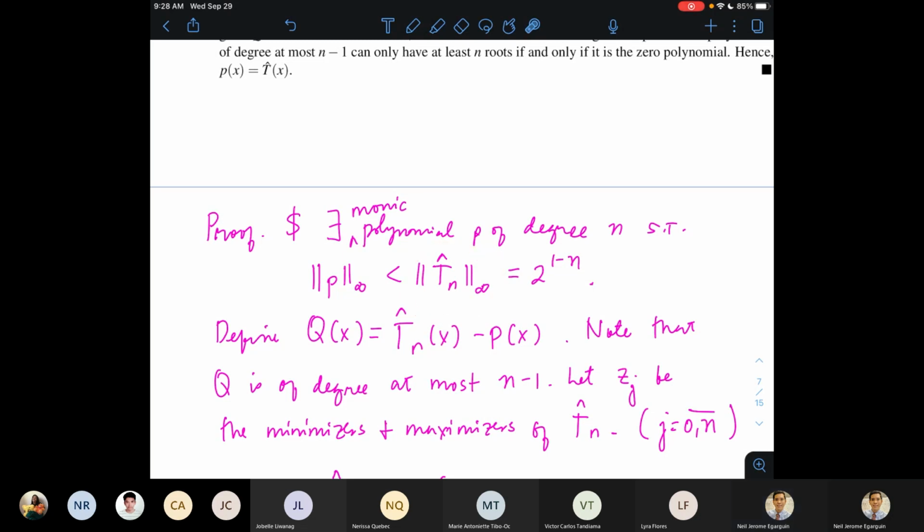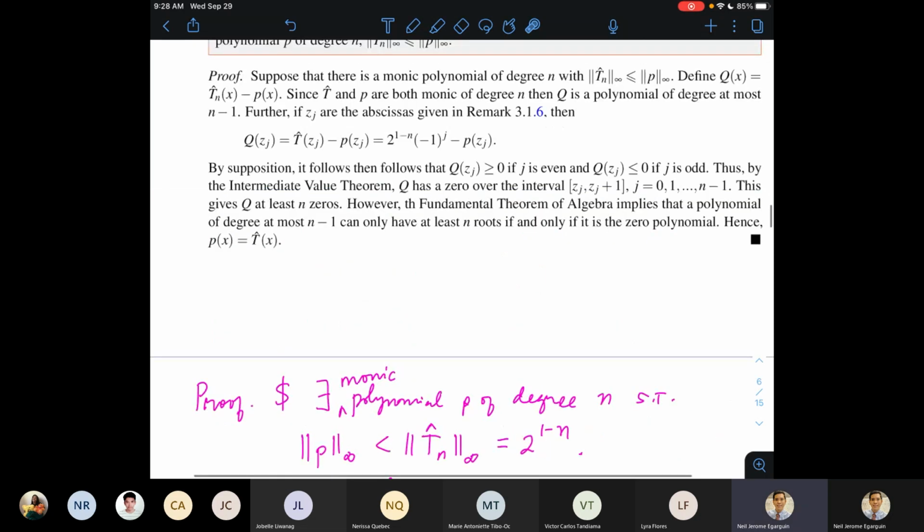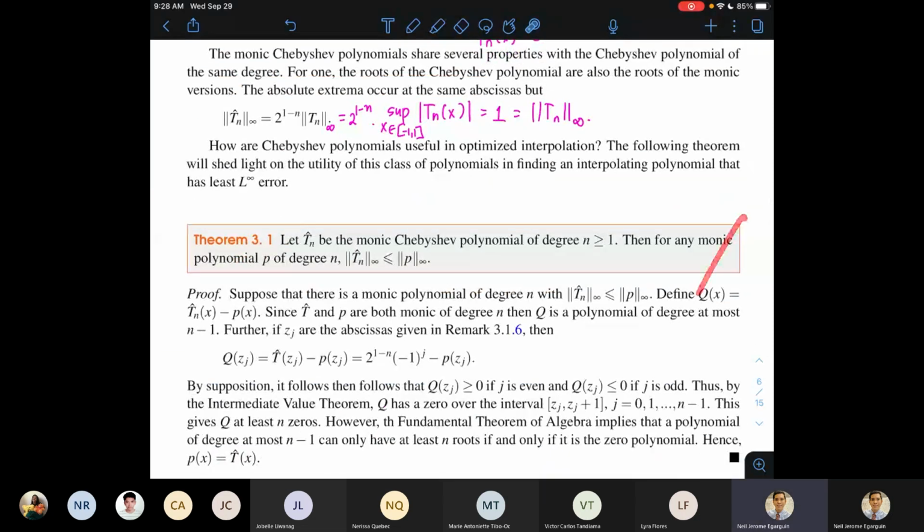Okay? Which is impossible kasi napakita natin na si P dapat equal kay T. Right? So that means there cannot exist a monic polynomial of degree n with L infinity norm less than that of the monic Chebyshev polynomial. So that's why we have theorem 3.1. Ang may pinakamaliit na L infinity norm among the class of degree n monic polynomials ay yung mga Chebyshev polynomials.